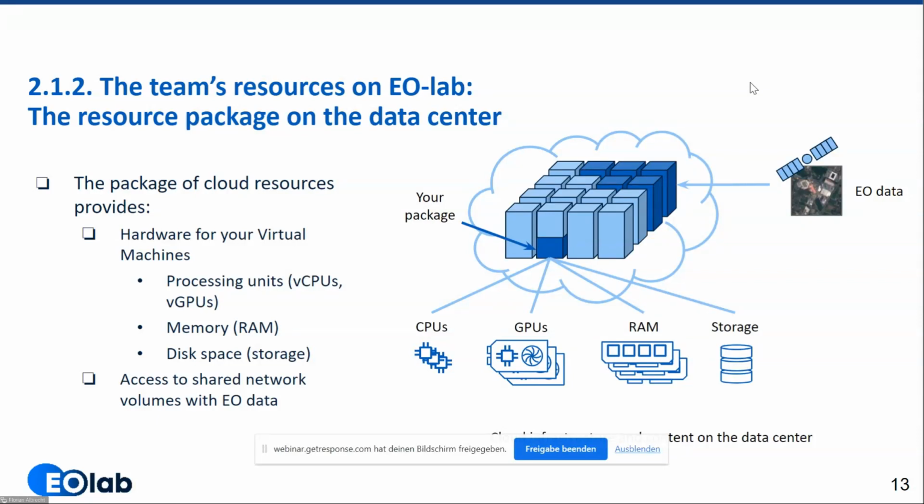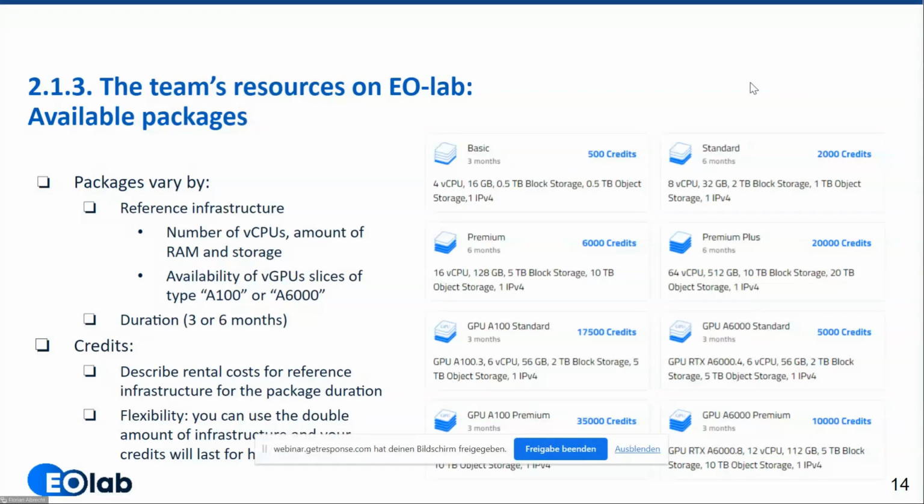On EOLab, we have those 8 standard packages that you can request. They differ by the number of vGPUs and amount of RAM and storage, and also on the availability of vGPUs.